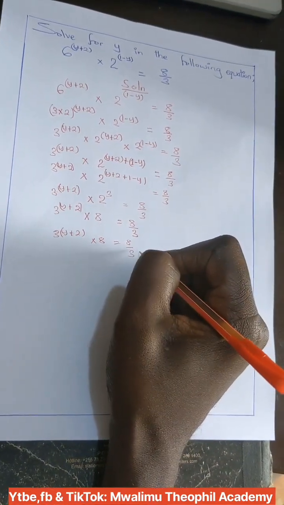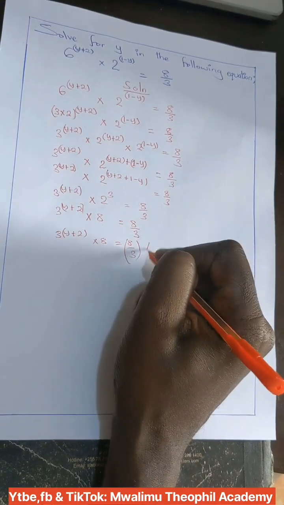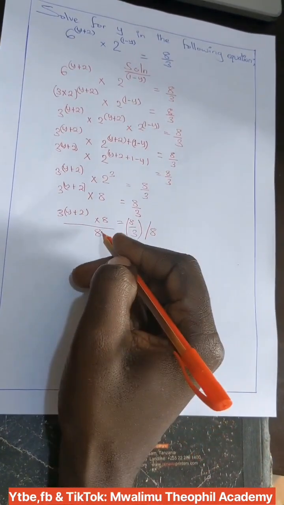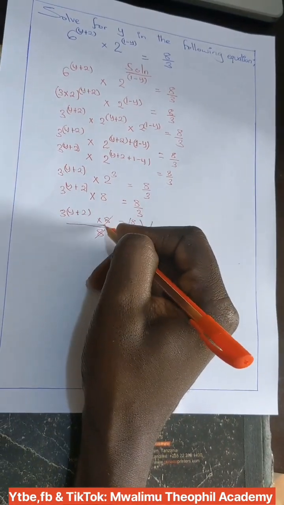Then we divide by 8 both sides. So 8 and 8 cancel out.